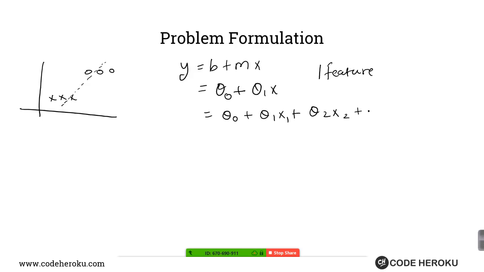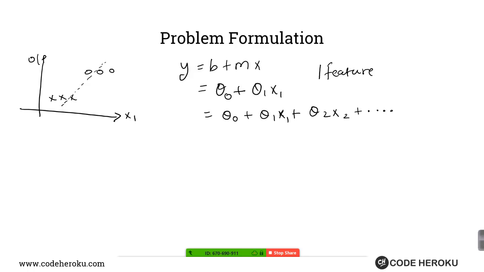Note that I'm not adding squares and cubes over here, so it is still a linear model. It is still a linear combination of input features. This is x1 and this is the output. It is still a linear combination of theta 0, theta 1 and x. There are no squares or cubes in this equation right now.